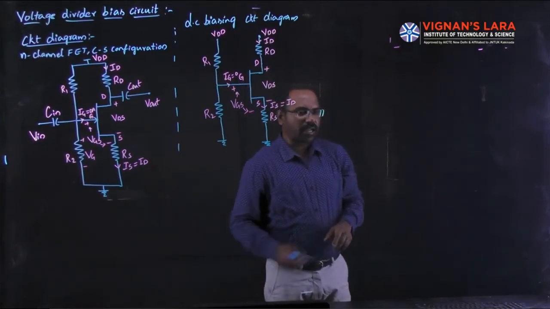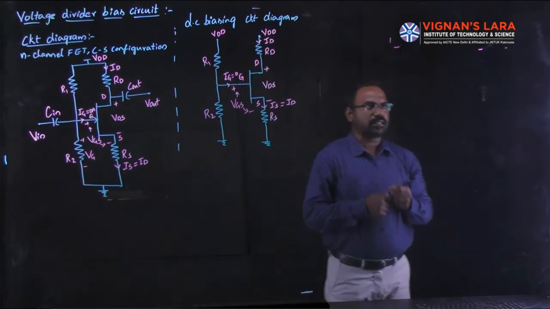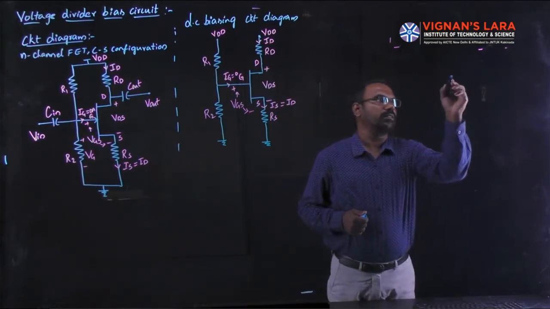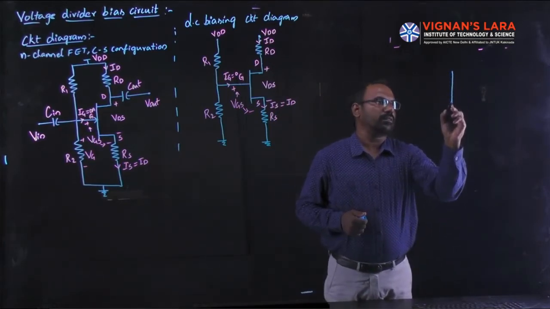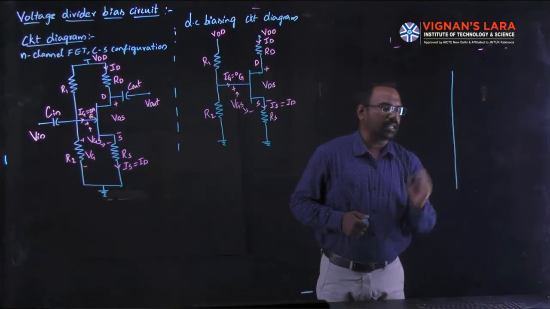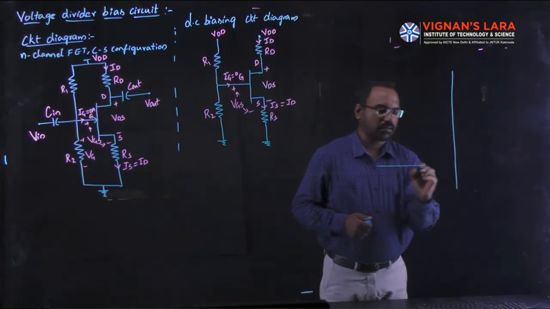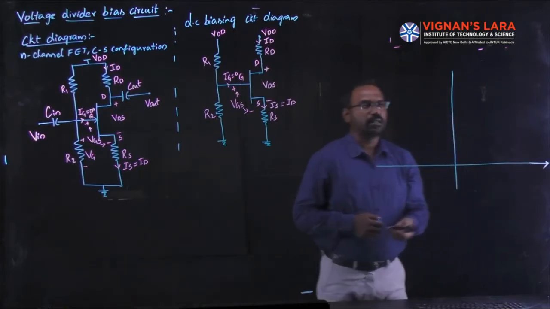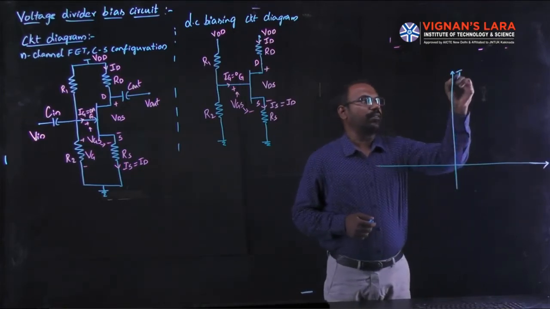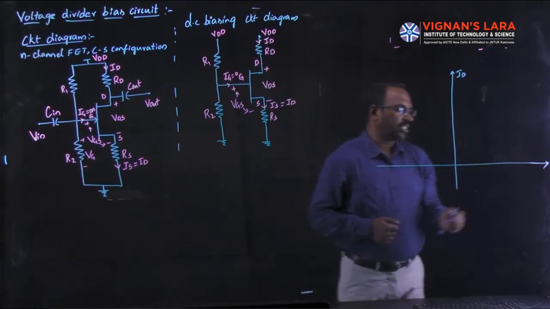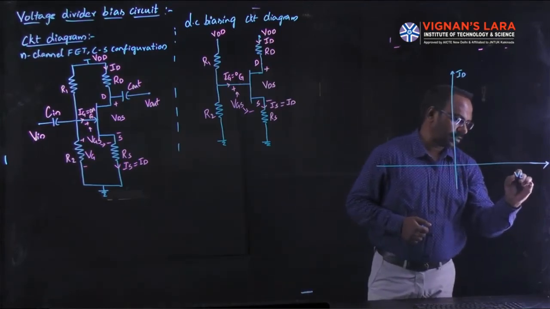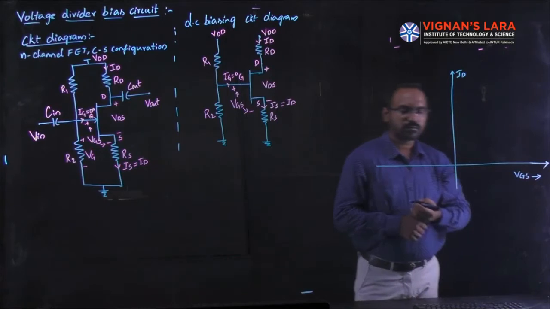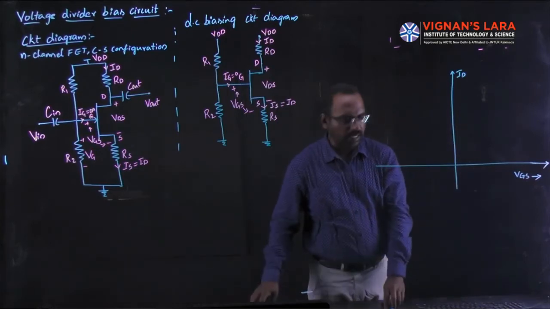So here, parallelly, I am drawing the transfer characteristics curve, ID versus VGS.